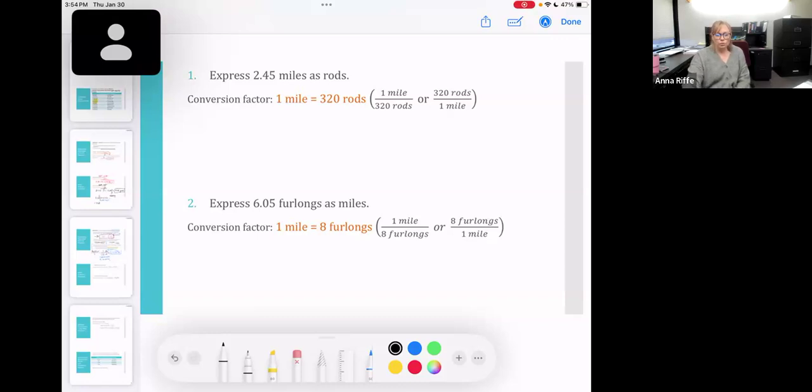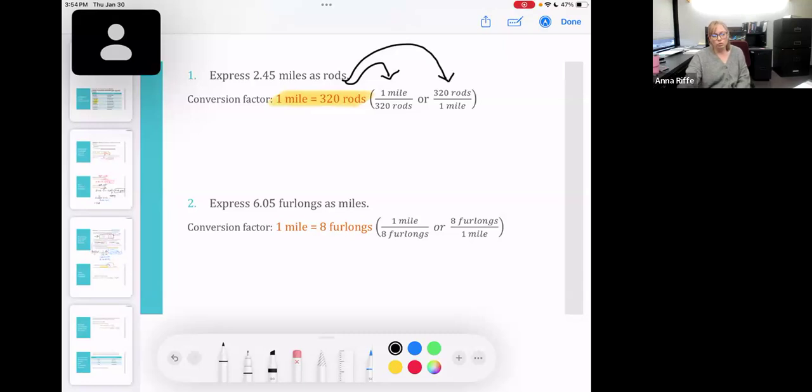Let's express 2.45 miles as rods. First thing we want to do is on our conversion chart, we find how to relate miles and rods. So this is one of those odd ones that we don't use rods very often. Now that we've found it, we can make two different fractions, two different unity fractions.